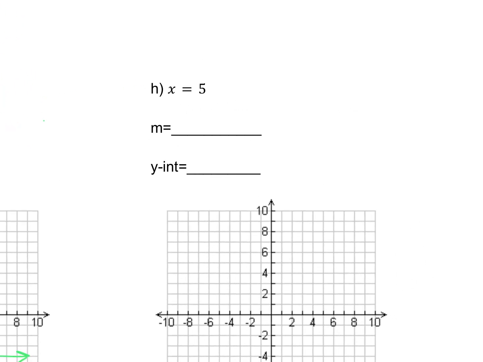All right, this one is a weird one. So this actually, there is not a y-intercept because this is not going to cross the y-axis because the slope is undefined. So what type of lines have a slope of undefined?